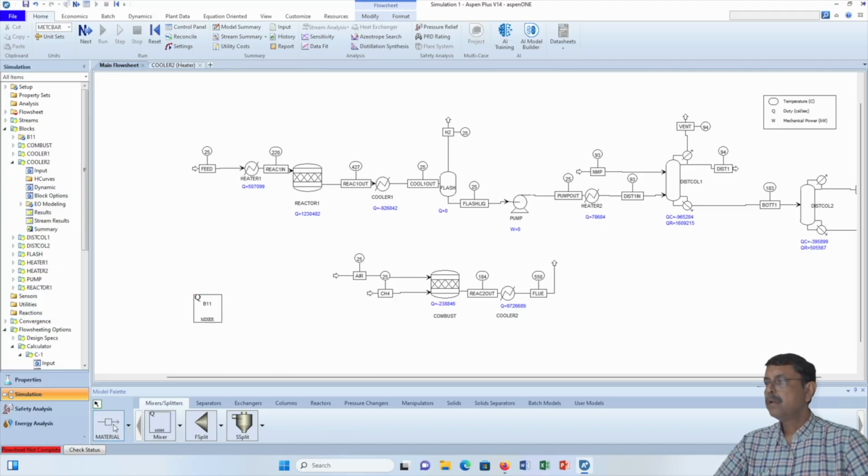Now let us connect the heat streams. So connect these streams over here. Connect this stream. This is the reactor stream.